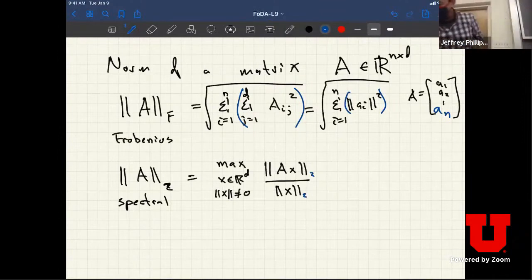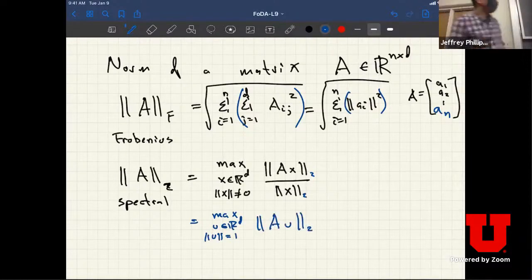I could also say the max over u in R^d such that the norm of u is equal to 1, and then I can just write this as Au, because then the length is 1 and this part cancels out. So I'm multiplying by any unit vector, and I ask how big can that possibly be?